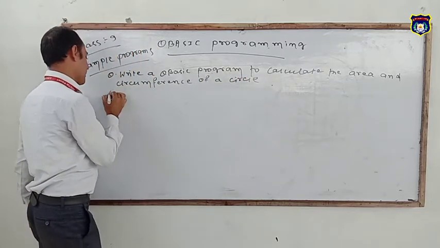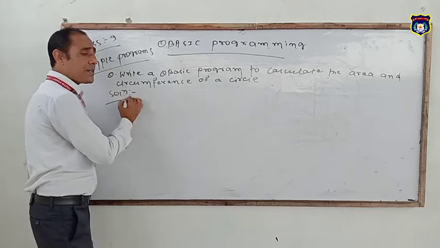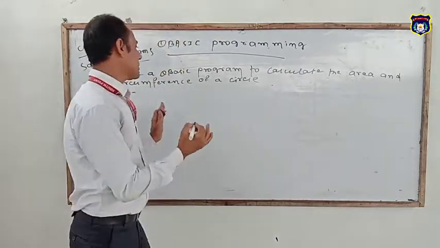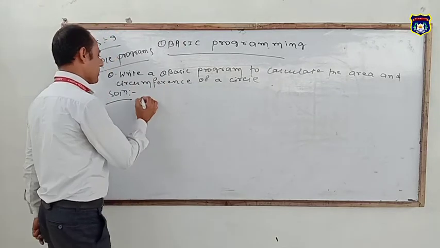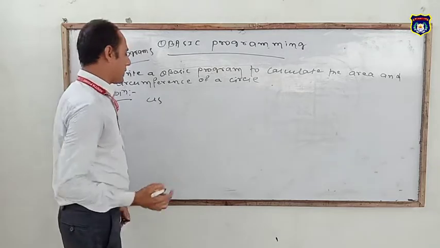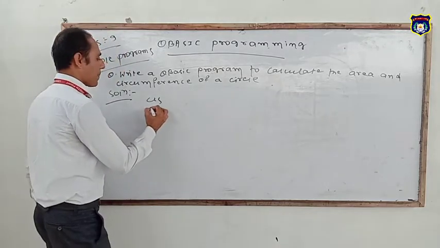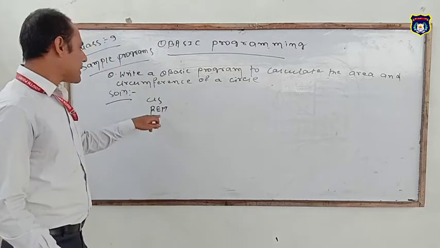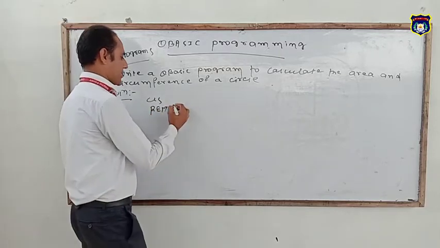Solution. For designing any program, we must know the functions of the QBasic elements. First of all, CLS, which is used to clear the output screen. Then REM, which is a QBasic statement used for remarks.